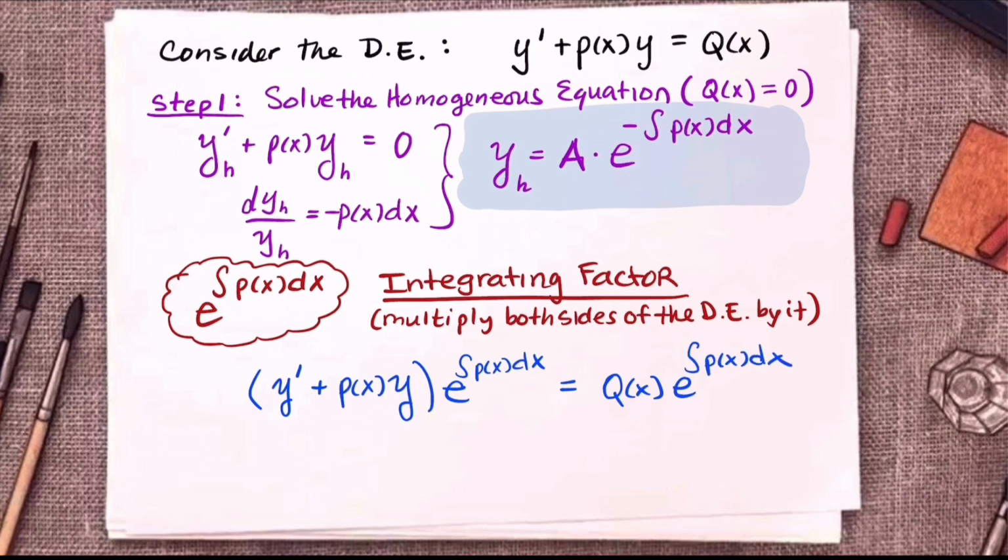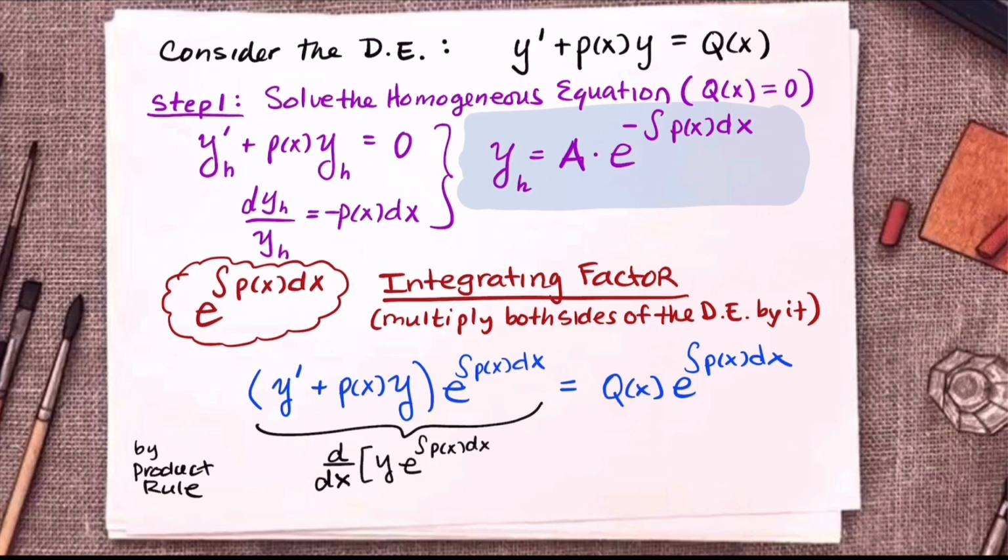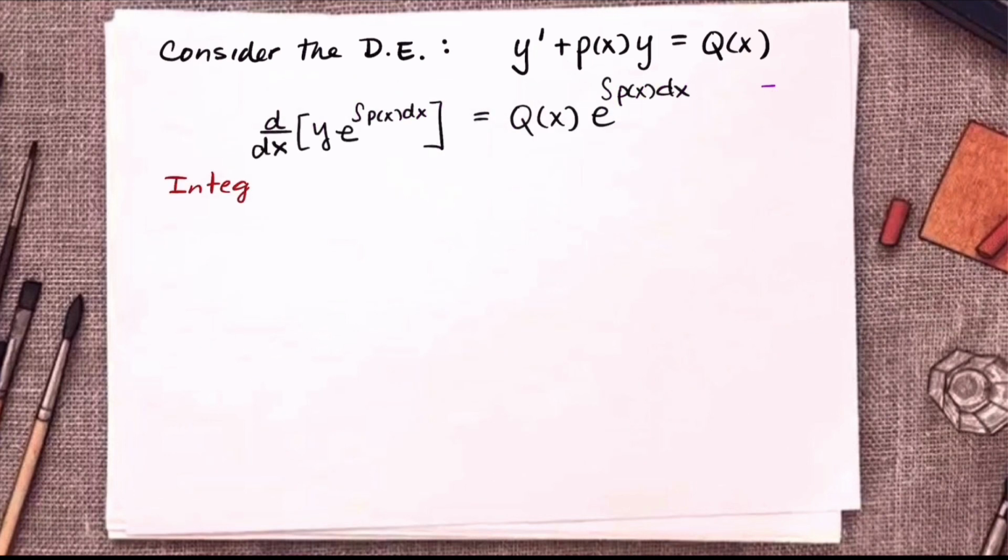by the integrating factor. The left-hand side, if you expand it out, you'll recognize that it's really the product rule when differentiating y times the integrating factor. So thereby, by setting up this equation in this form, we can then integrate both sides.